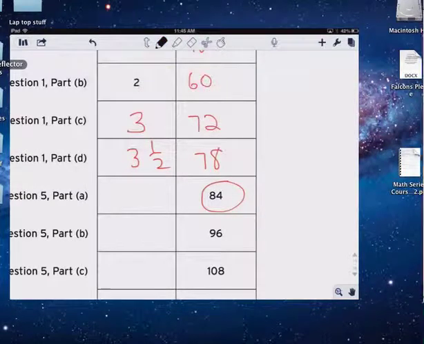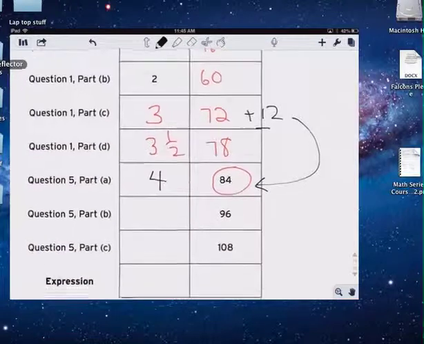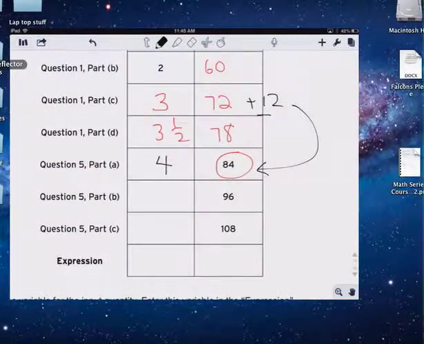Because if I add one more whole hour to 72, what would I get? 84. I would get 4 hours. If I add 12 more to 72, I get 84, right? Yes. That's why 84 would take 4 hours. How would I get to 96?